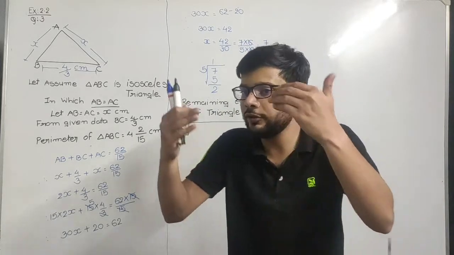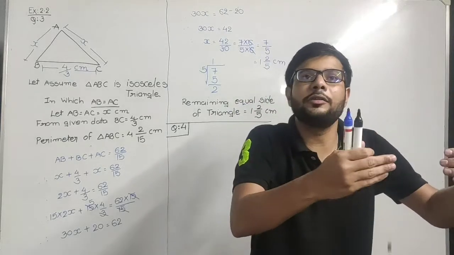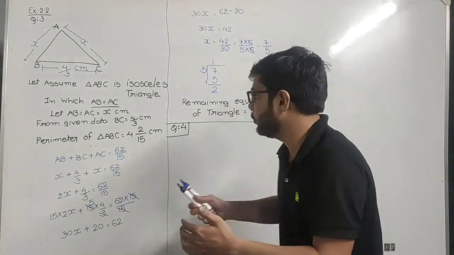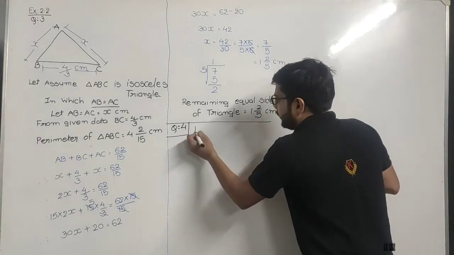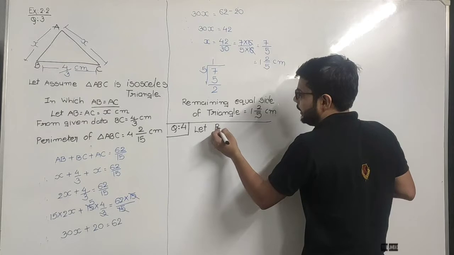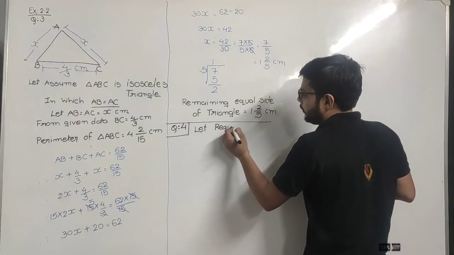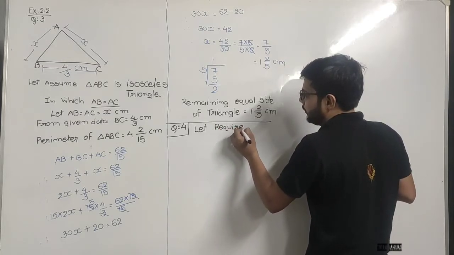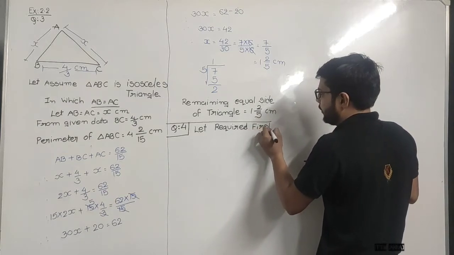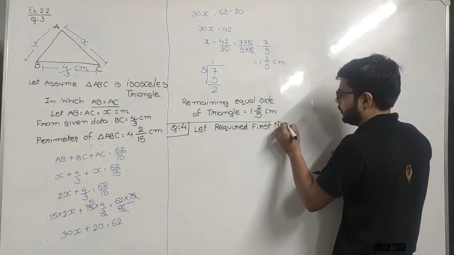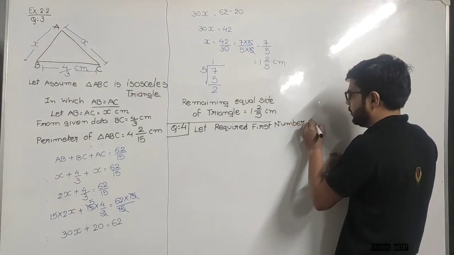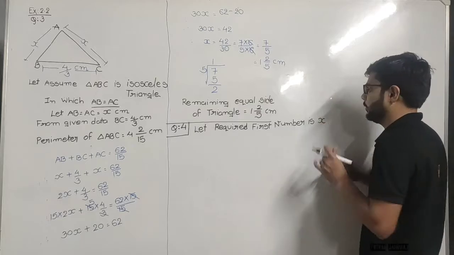That means if the first number is 15, then the second will be 15 plus 15, so 30. Now we are going to assume that the required first number is x. Right?